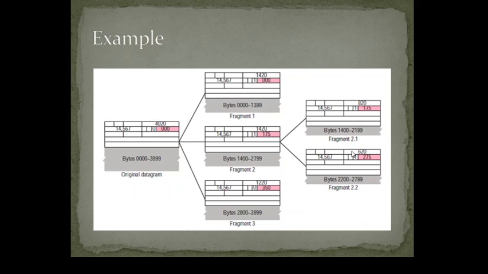So after 100, it was 175. The next address here will be from 275, so that is how we divided this 1400 into 800 and 600. So in this way fragments can be made up. So this was the whole process of fragmentation.